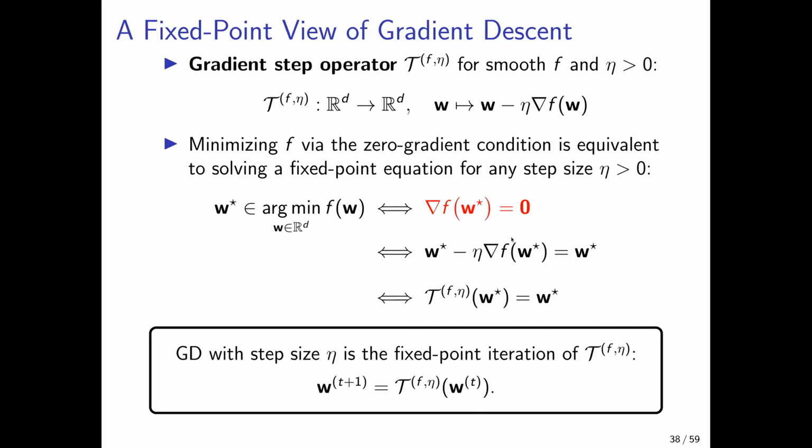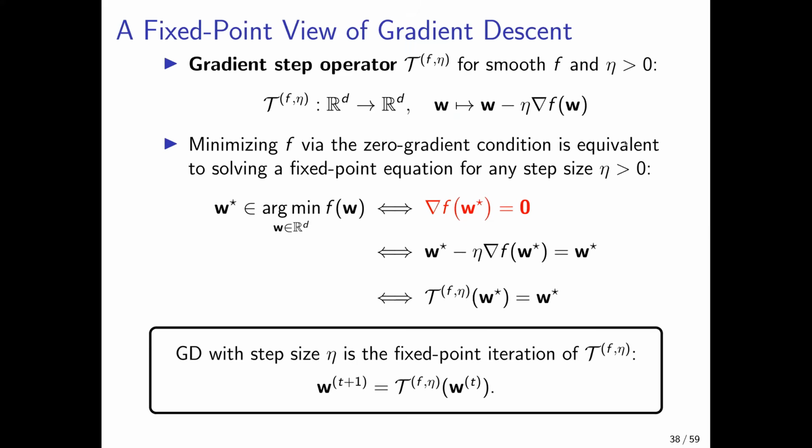We can take the zero gradient condition and these gradient steps, and in a way we can view them from a fixed point perspective. So starting from the zero gradient condition, we get this fixed point equation, and this very much looks like the gradient step. And we can take this simply as the definition of some gradient step operator, which just depends on this function f and on the learning rate or step size eta, and which maps any w to w minus eta times the gradient.